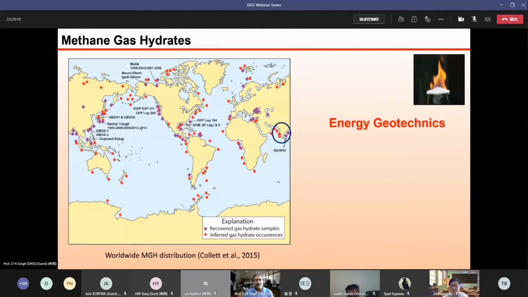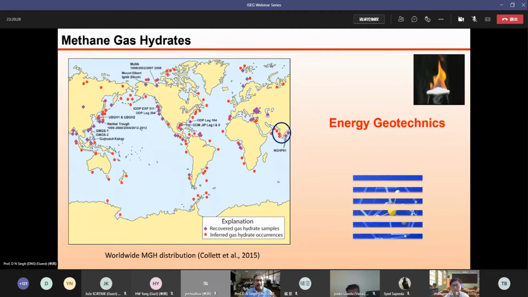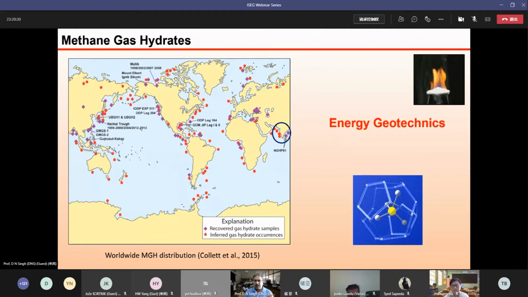As I said, methane gas hydrates are falling in the realm of energy geotechnics. The whole idea of exploration of reservoirs of gas hydrate sediments is to ultimately release methane gas, which is the source of energy. If you look at the structure, this is how the structure of the hydrates looks.